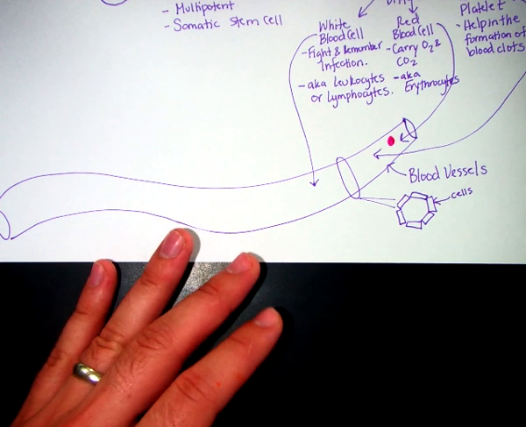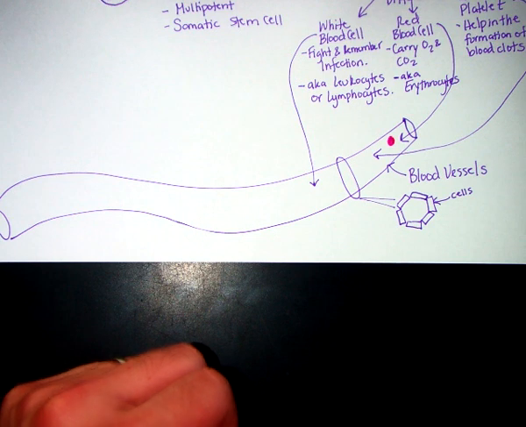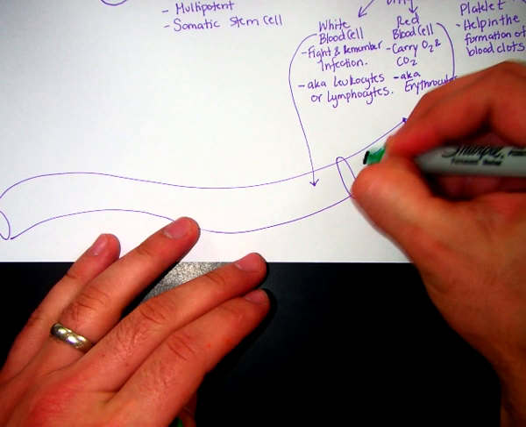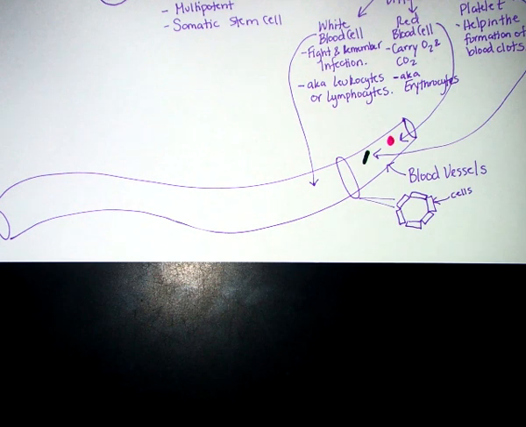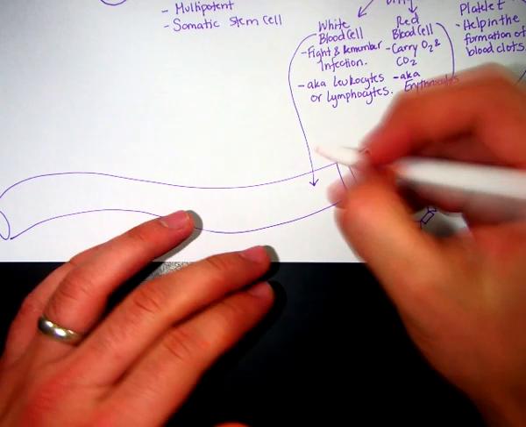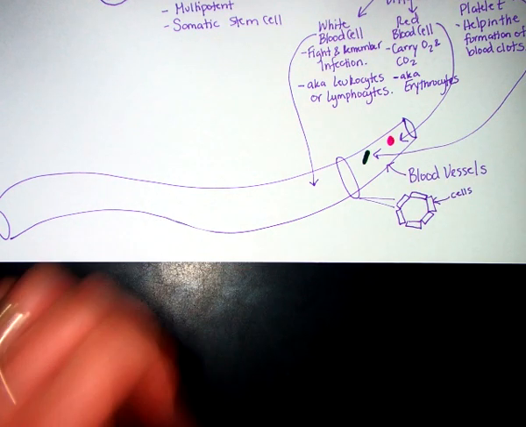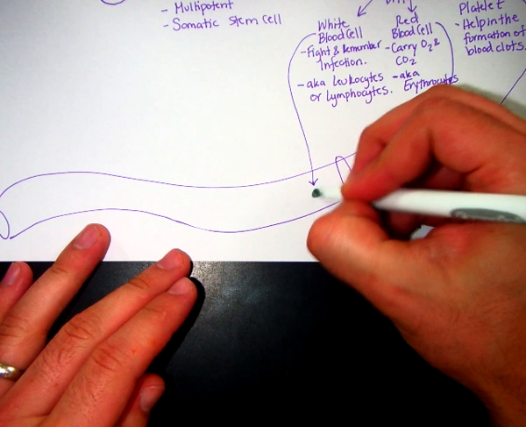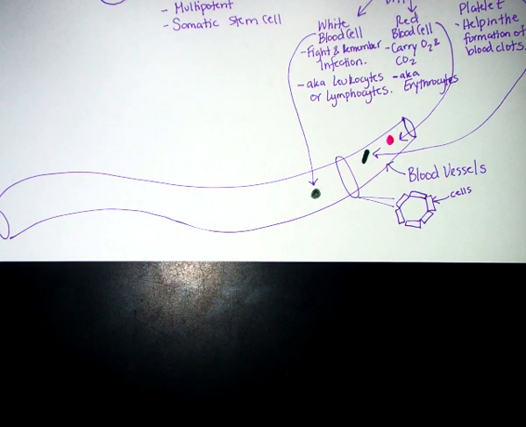Platelets, I'm going to use green. And white blood cells, I'm going to use gray. And you can draw a couple of these.